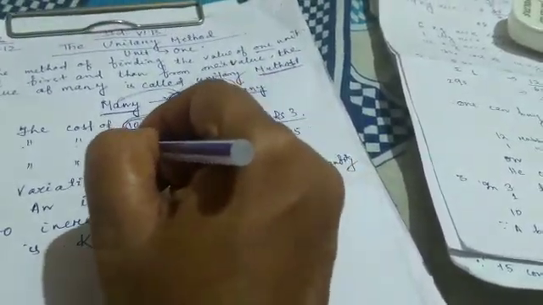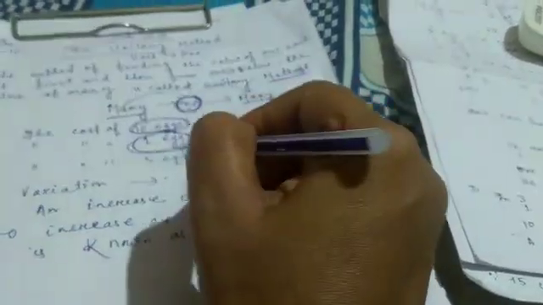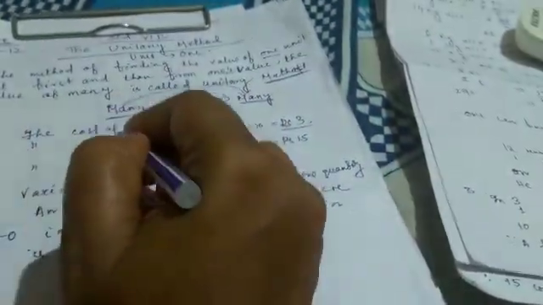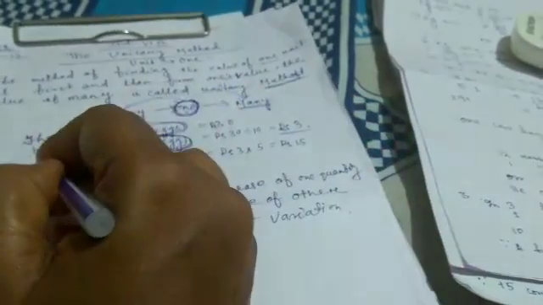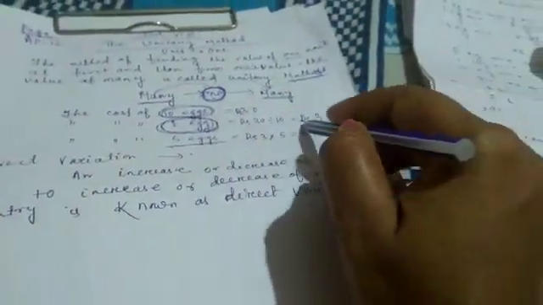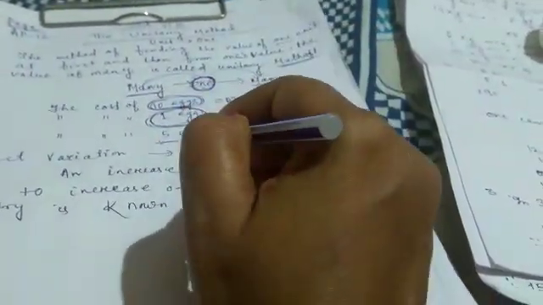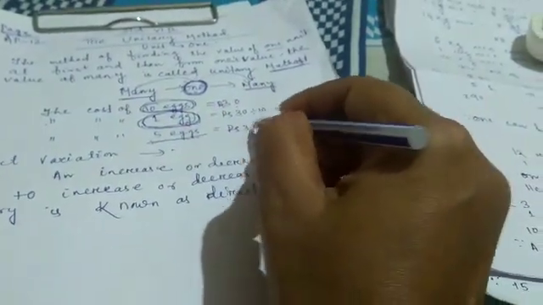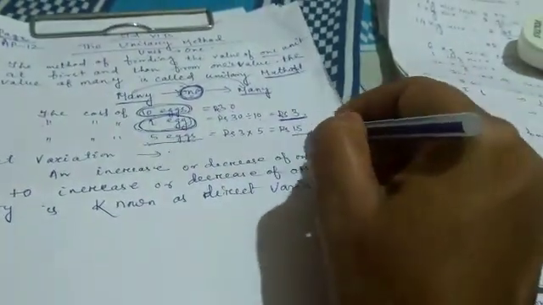The cost of 10 eggs equal to 30 rupees. The cost of one egg equal to 30 divided by 10 equal to rupees 3. So what is the cost of 5 eggs? Now you got the value of 1 egg. So the cost of 5 eggs equal to rupees 3 into 5 equal to 15.